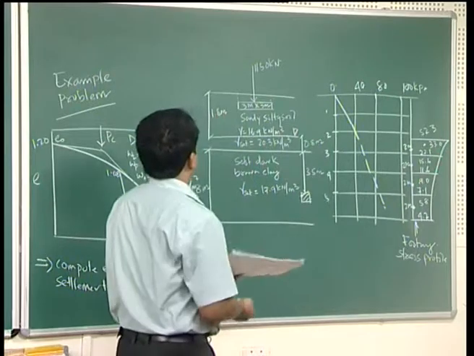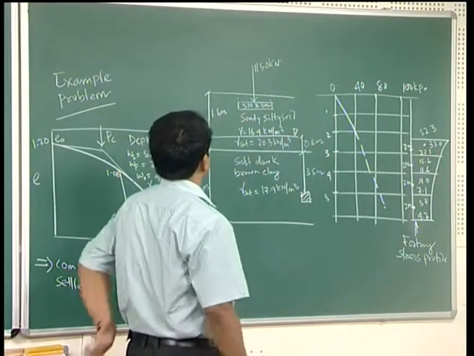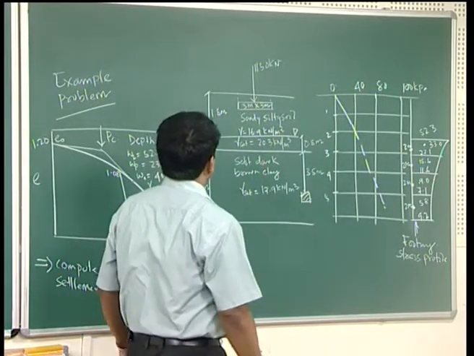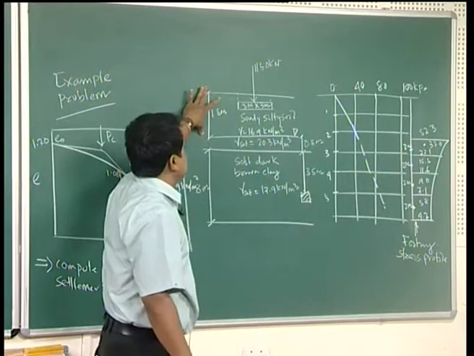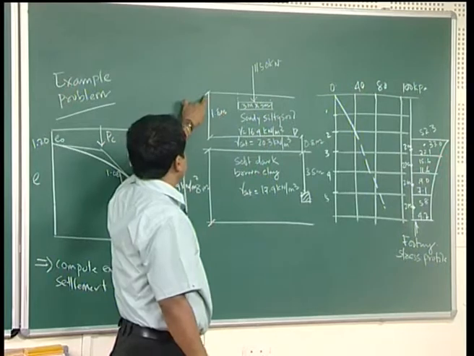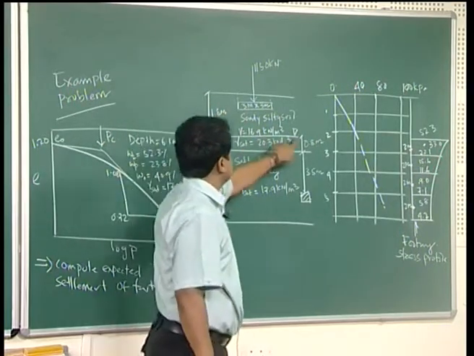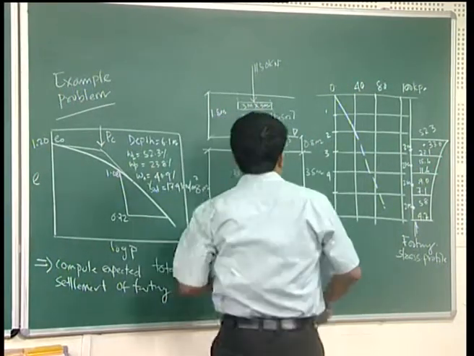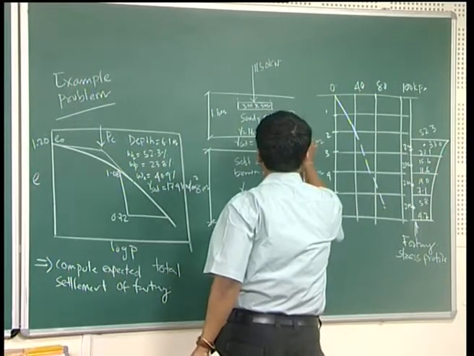The load acting upon this footing is 1150 kilonewton and the soil consists of first 1.8 meter sandy silty soil and water table is located below the ground surface at 1.8 meter. This is your water table and gamma saturated is given.